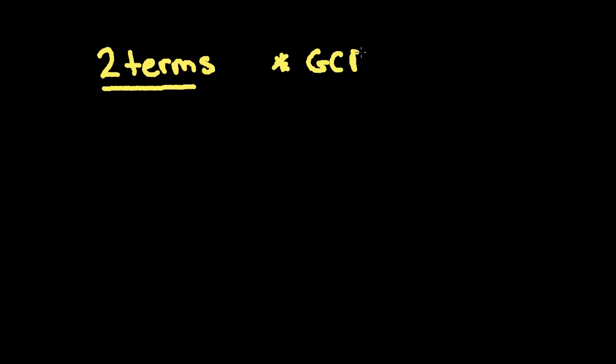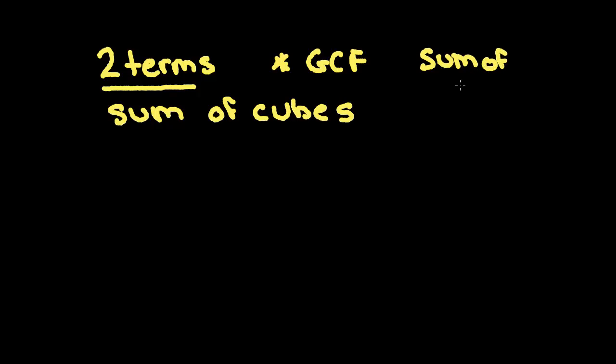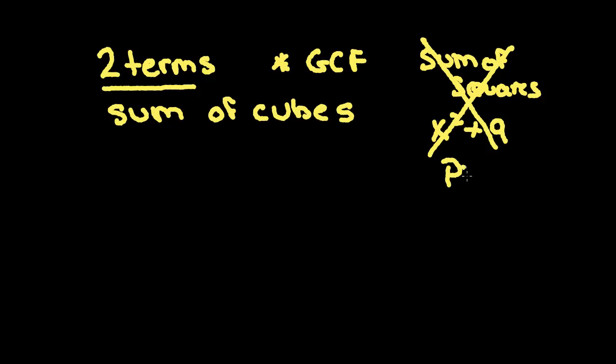We're still looking at two terms, and we always still need to consider the GCF, but now we want the sum of cubes. Now notice there is no sum of squares, okay? So for a sum of squares, if you see something like x squared plus 9, you cannot factor that. We call that prime. It's not factorable.